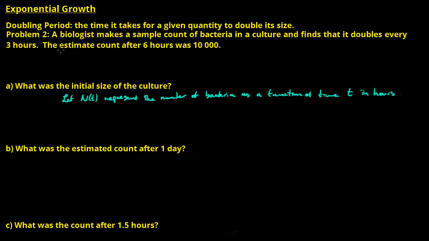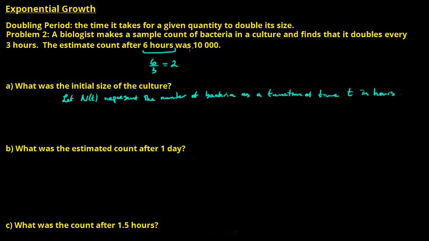Here it says that the number of bacteria doubles every 3 hours, and the estimate for the count after 6 hours was 10,000. So after 6 hours, how many times did the bacteria double? We could just divide 6 by the doubling period, which is 3, and that equals 2.